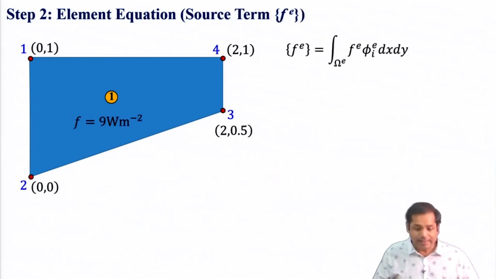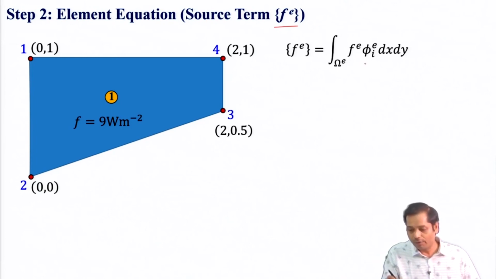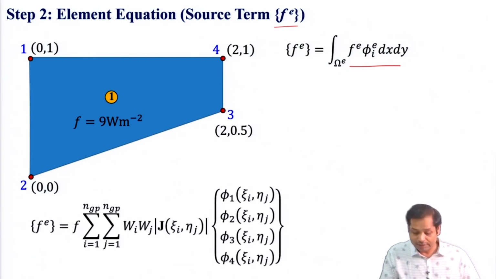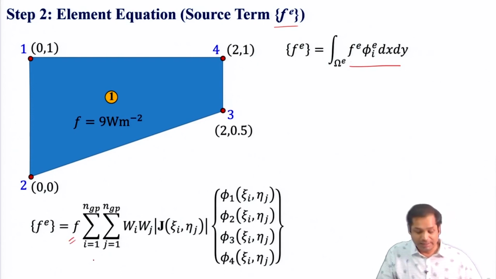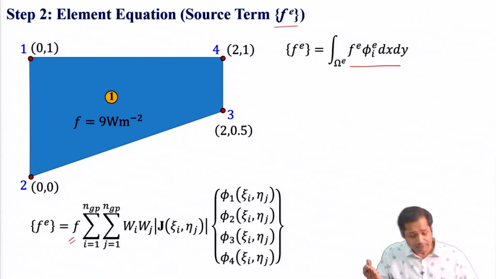Okay. Now next is the source term we have to find out. The source term is also very straightforward. This is to be integrated over this entire domain omega, and f is constant in our case. So this f e we can take out, and then we can integrate using the same concept, the quadrature technique.